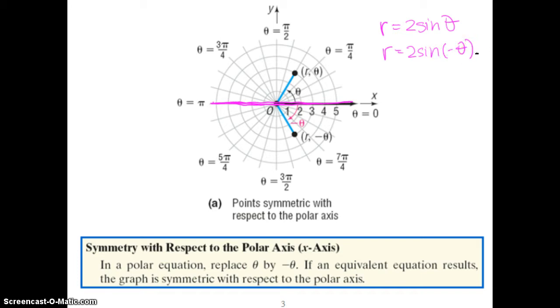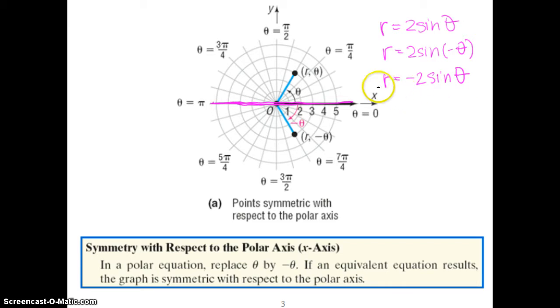And we know that since sine is an odd function, when you take the sine of a negative angle, that negative can be factored out. And when we simplify, we get r equals negative 2 sine theta.